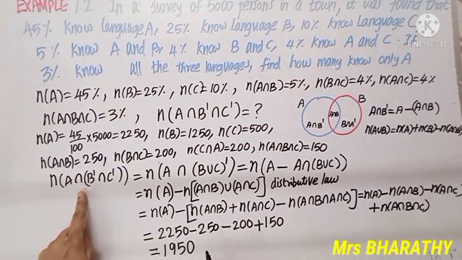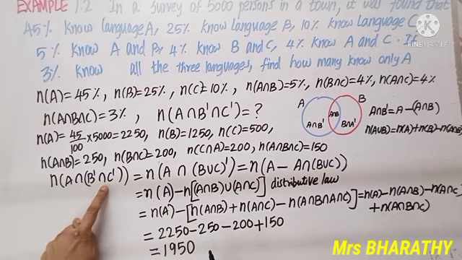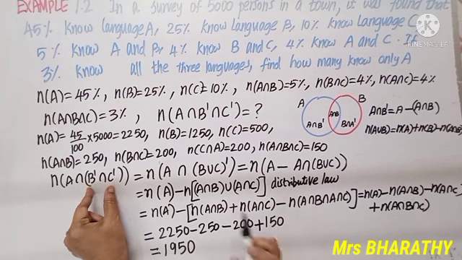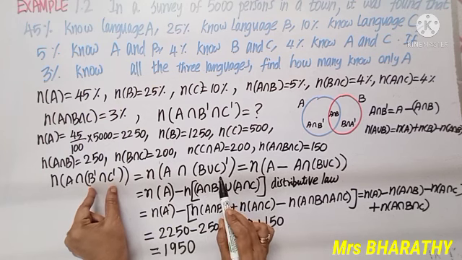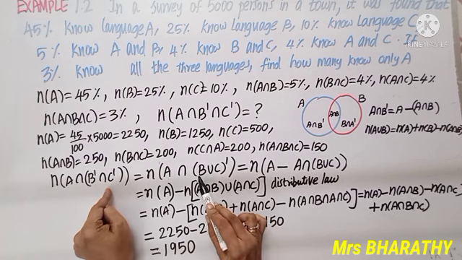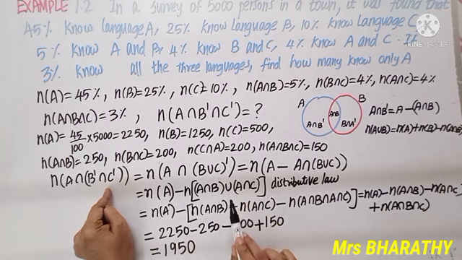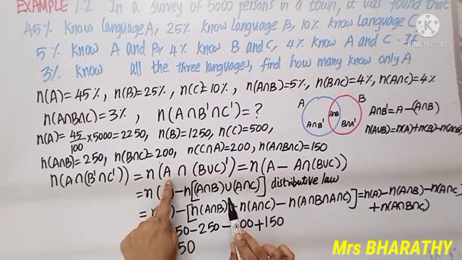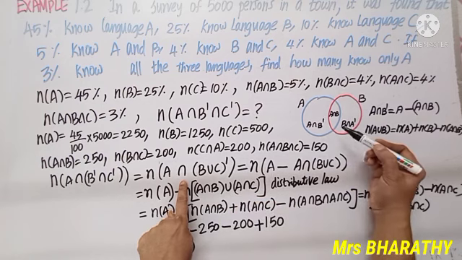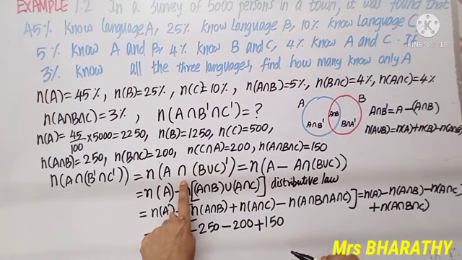We'll see the steps once again. A intersection B dash intersection C dash. This part I am using De Morgan's law. So De Morgan's law states B dash intersection C dash is nothing but B union C the whole dash. When I want A intersection some set complement, look at the Venn diagram to understand easily.